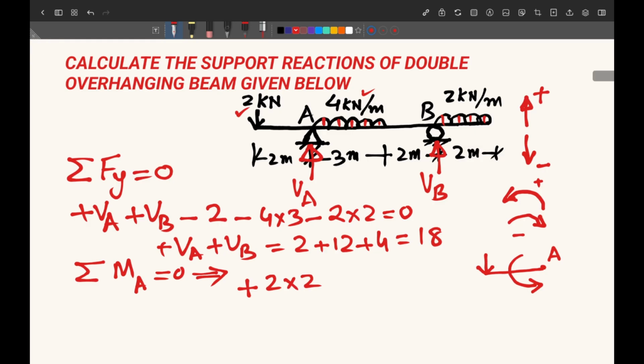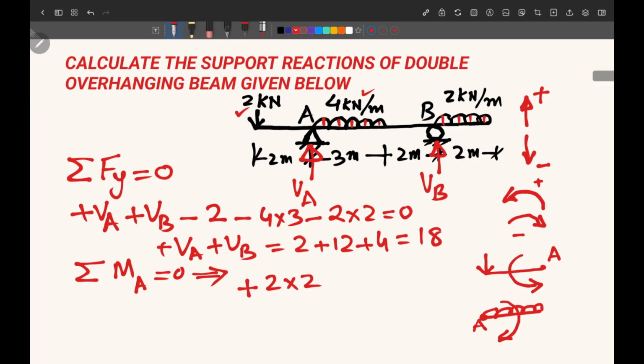Now we have another load of 4 kilonewton per meter. It is over a length of 3 meter. So 4 kilonewton per meter, and we have this point A here, and this is your load, which is acting downwards. So it will try to rotate in the clockwise direction.